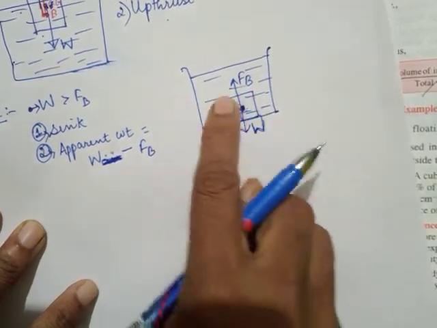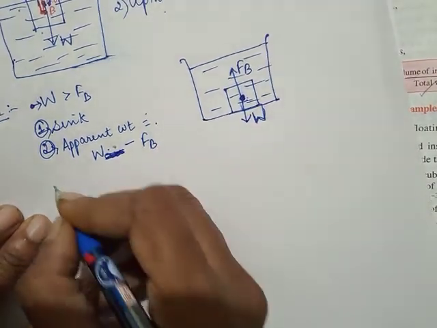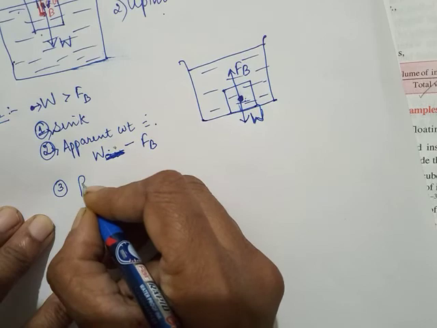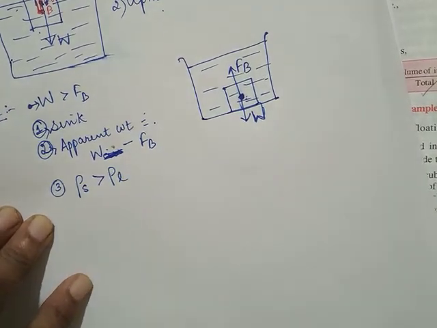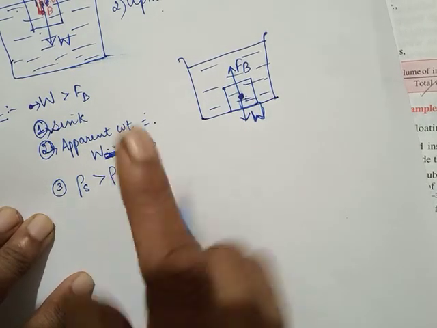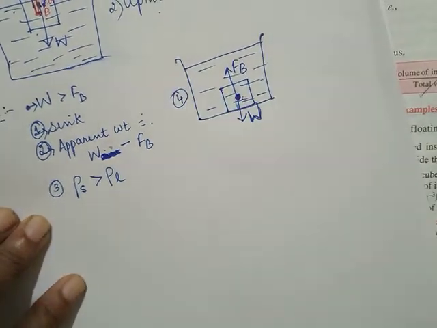That gives you its weight inside liquid. And the third conclusion, this case is possible only when density of solid is greater than density of liquid. Is it clear, children? So these three conclusions plus the diagram.